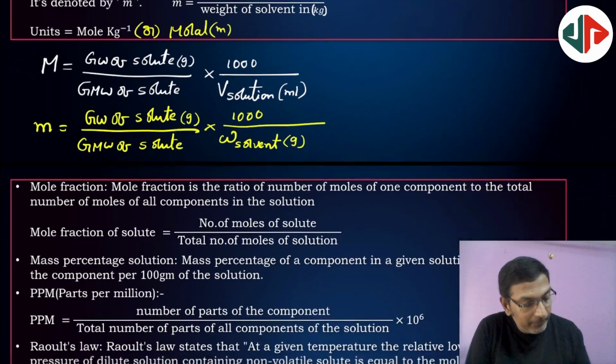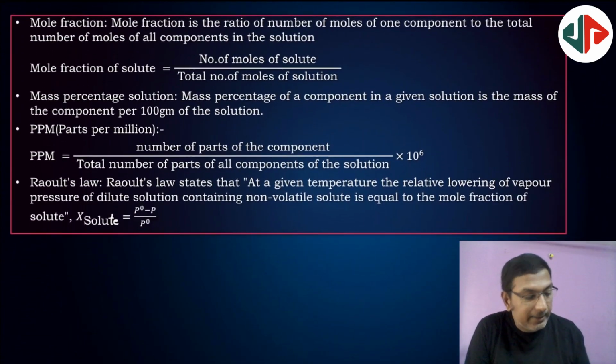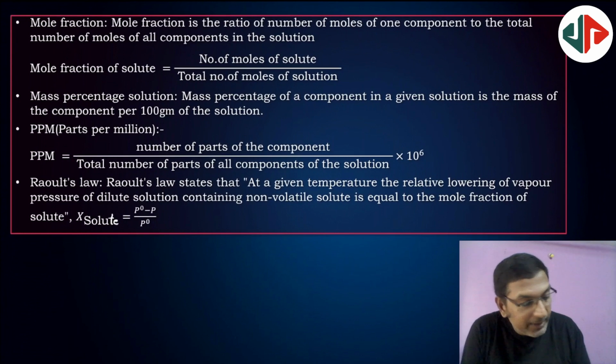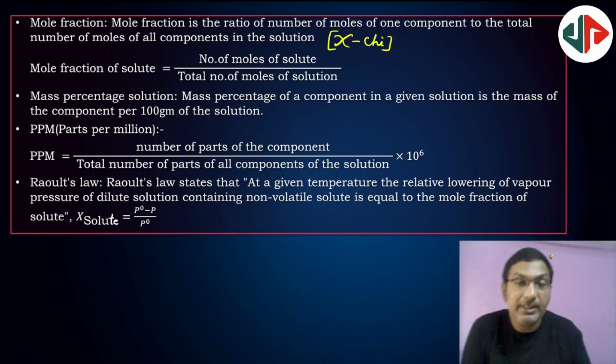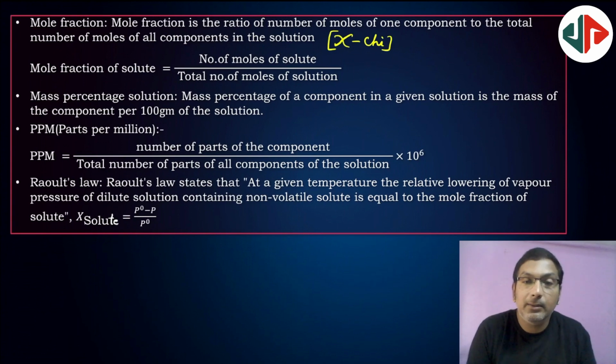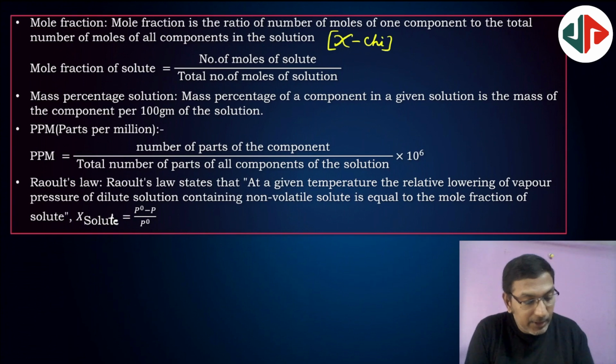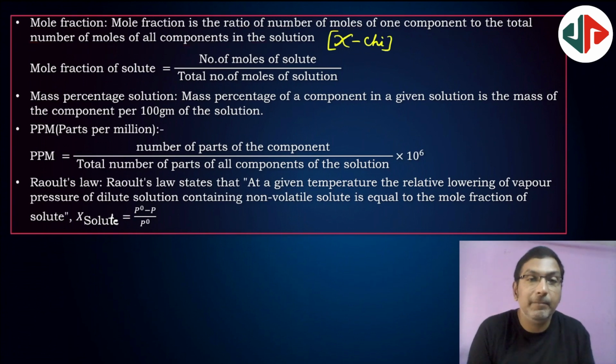Next, mole fraction. Mole fraction denoted with chi or x. Greek alphabet chi, or more conveniently we can take x. So it is the ratio of number of moles of one component and number of moles of all the components of solution.